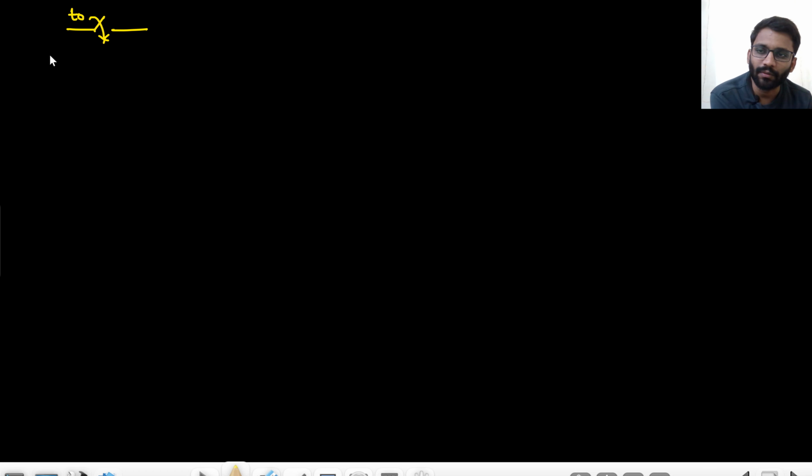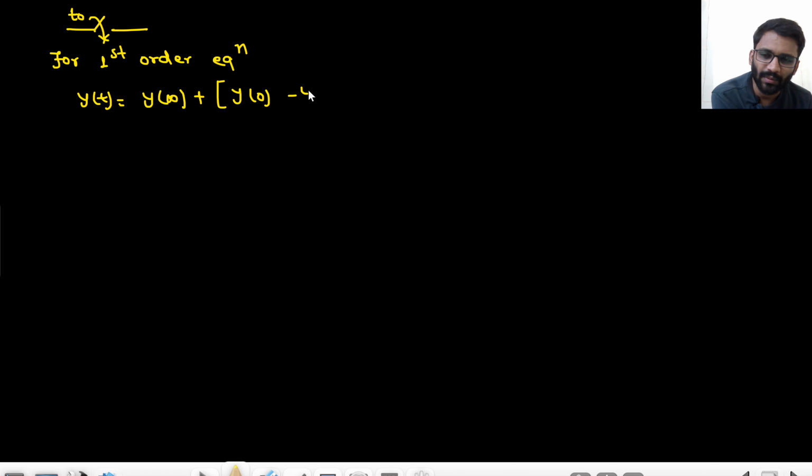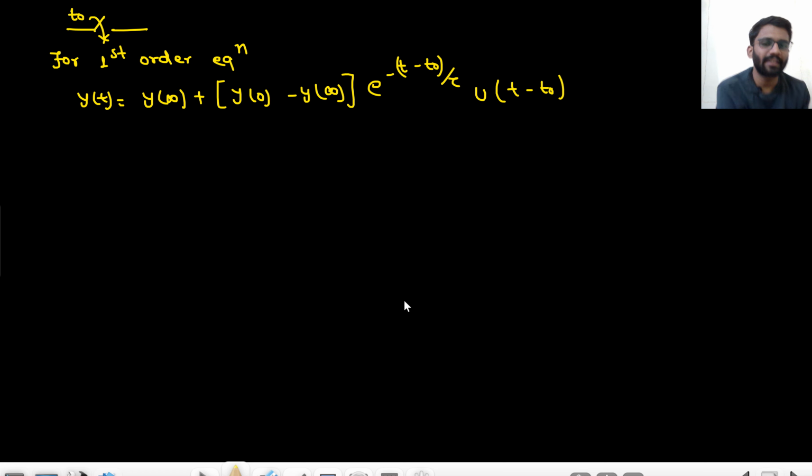For a first order equation, y(t) would be y of infinity plus y of 0 minus y of infinity times e to the power minus (t minus t naught) by tau, u of t minus t naught. That means the circuit will start from that t naught point.